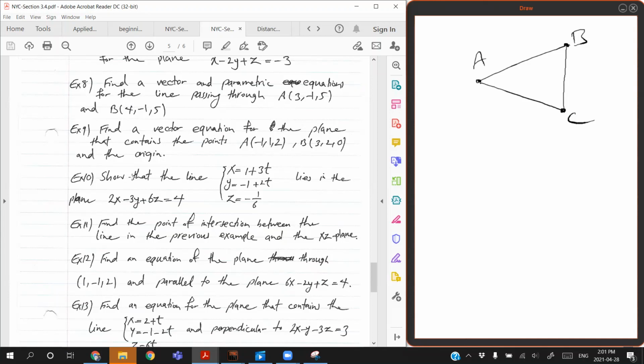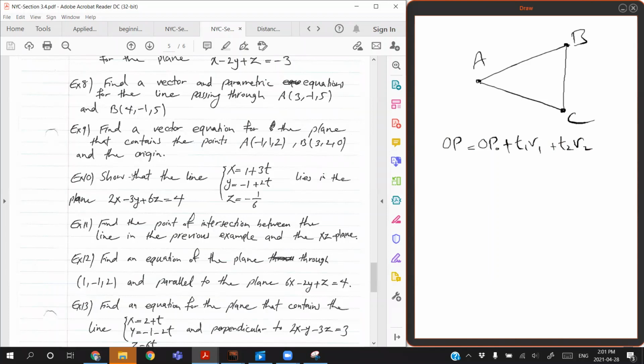So it's very easy to ask yourself, what do I need? I need a point, and I need 2 vectors parallel to the plane. Then I can just plug in values into this formula. Or I can use s and t, doesn't matter.